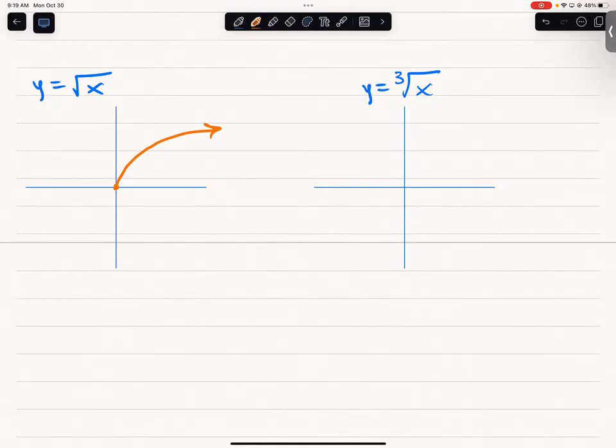The problem is x squared is not 1-to-1, right? Doesn't pass a horizontal line test. So if I just take the whole thing and flip it over on its side, I get a thing that's not a function. That's why when we solve stuff like x squared equals 4, right? What do you do to solve that?